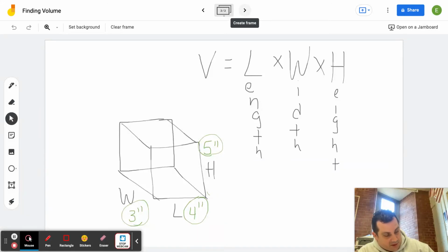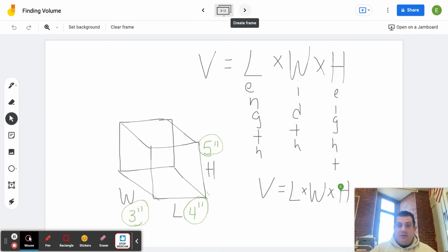I'll rewrite the formula right down here. We have volume equals length times width times the height. Length was 5, so I'm going to do 5 times the width. Nope, the length was not. I apologize. The length was 4 inches times the width, which was 3 inches, times the height, which was 5.